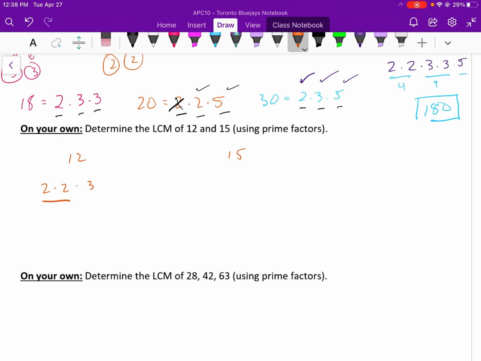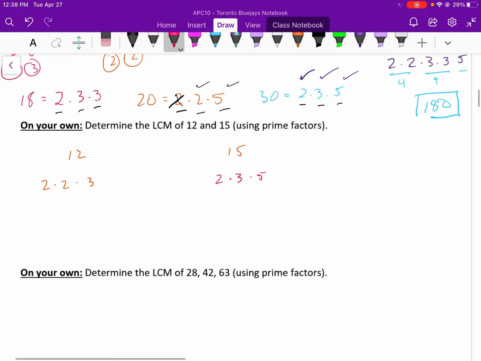And if you notice, I just wrote 2 times 2, which is 4, 4 times 3. 15 is 6 times 5. Incorrect. My apologies. 15 is 3 times 5. Very bad of me. I just almost made a very terrible mistake.